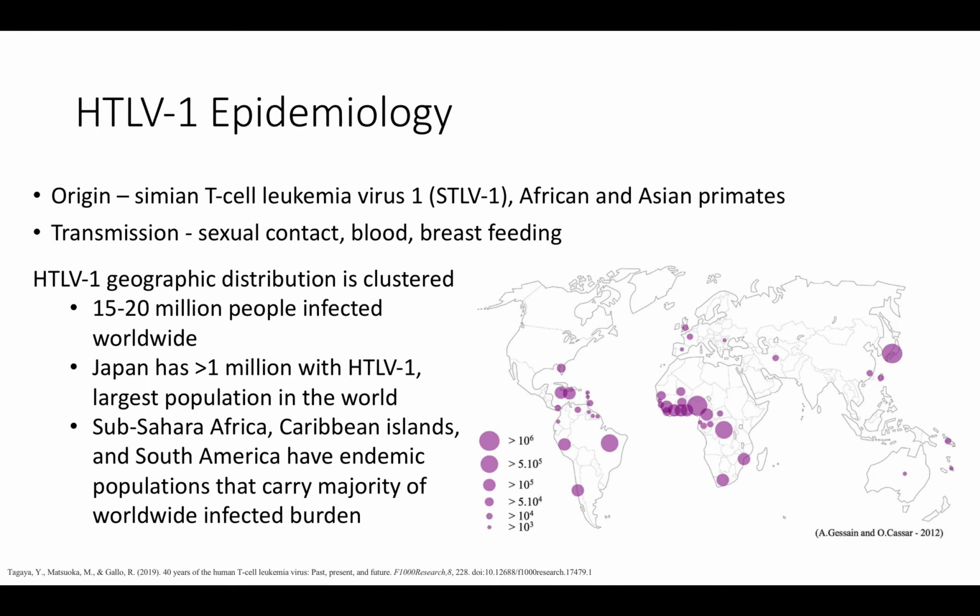And so the estimated infection around the world is 5 to 20 million people infected worldwide. Japan has the highest, with greater than 1 million infected. This is the largest singular population in the world. But then there's pockets, as you can see from the screen, that Sub-Saharan Africa, the Caribbean islands, South America, these all have endemic populations that carry the majority of the burden. But as you can see, you might have one island that's infected that has a huge endemic population, but the island right next to it might not.